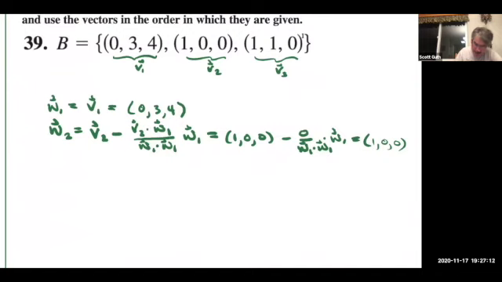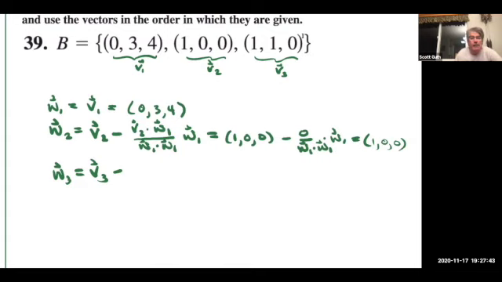Now the last one, W3. Here we're going to take V3, and we have to subtract out the W1 and the W2 components from V3, so that it comes out orthogonal to W1 and W2. So we'll start with V3, and we're going to subtract out the W1 component of V3.